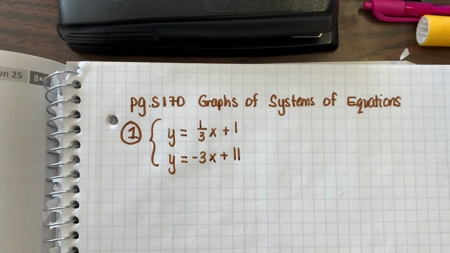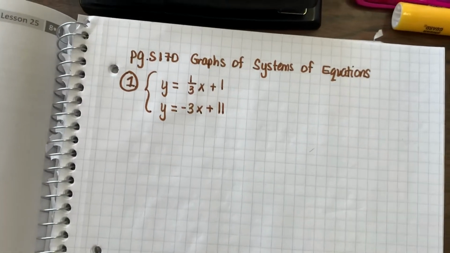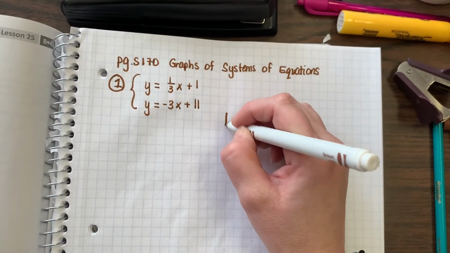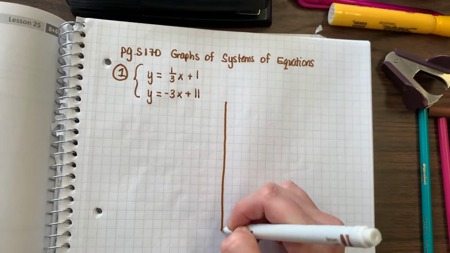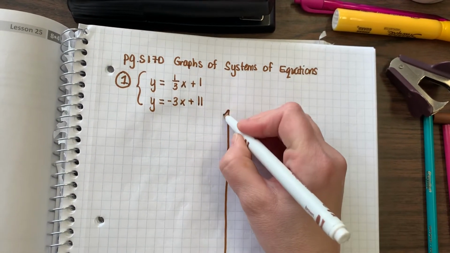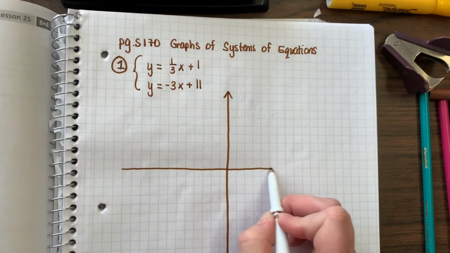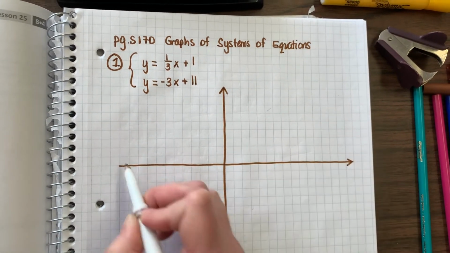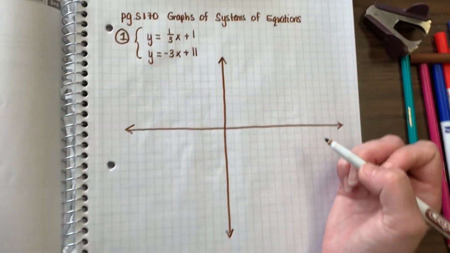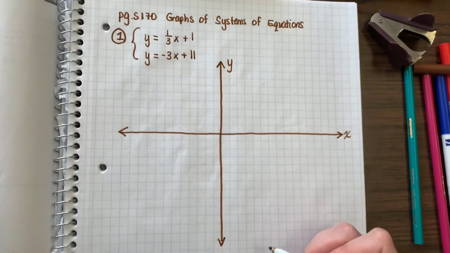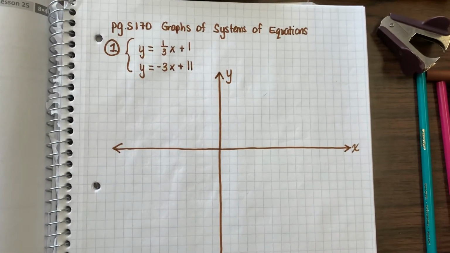So now I'm going to draw my coordinate plane, and I'm going to draw it to where it takes up a good bit of the page. So this is my y-axis and this is my x-axis, for those of you who don't remember.